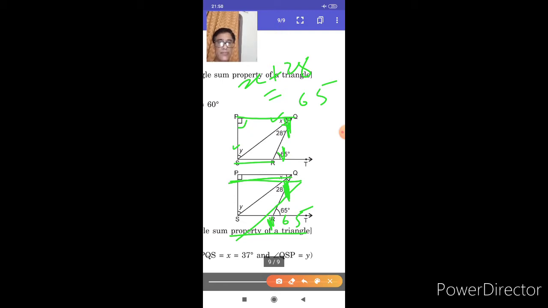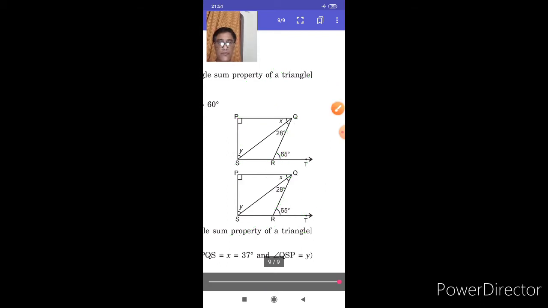So x plus 28 equals 65 degrees. The value of x is 65 minus 28, which is equal to 37. So now we get the value of x as 37.